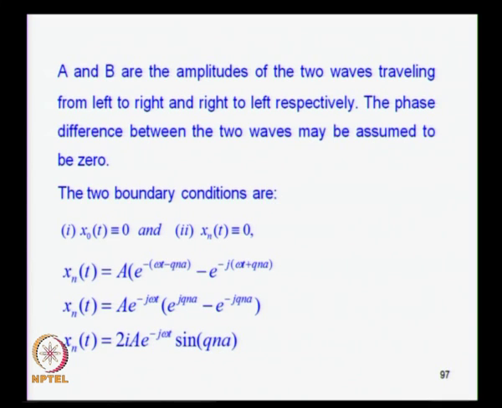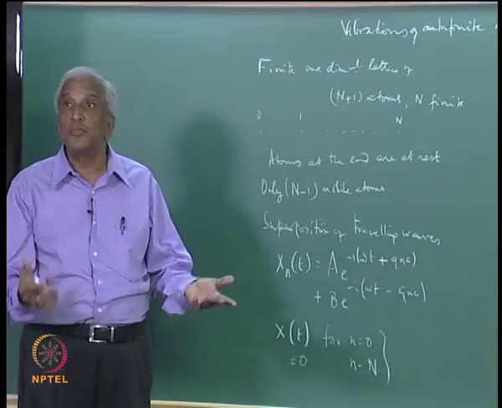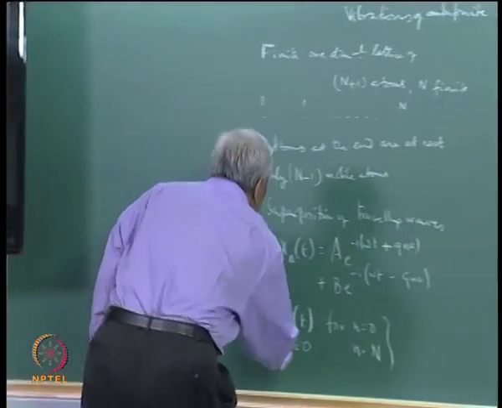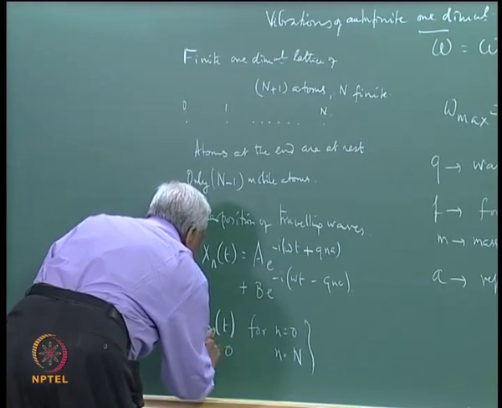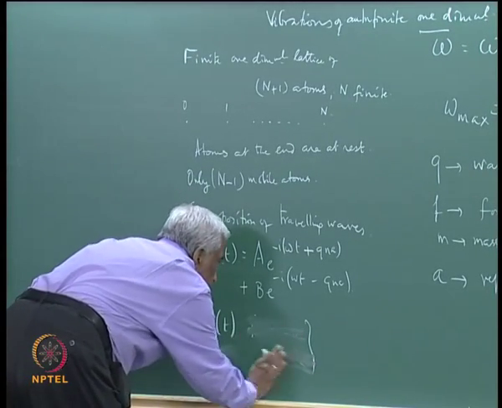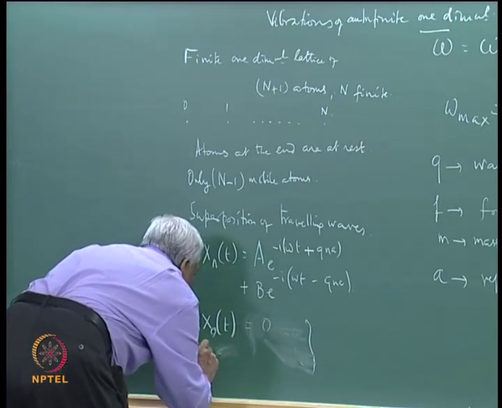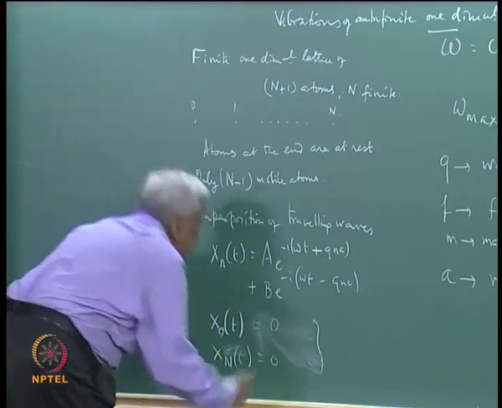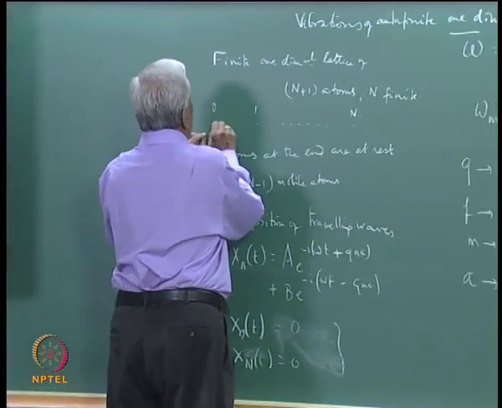So, the boundary conditions are x of t for n equal to 0 and n equal to N is 0. There is no net displacement for any one of them. So, x 0 of t is 0 and x N of t is also 0. The atoms at the end are held fixed.